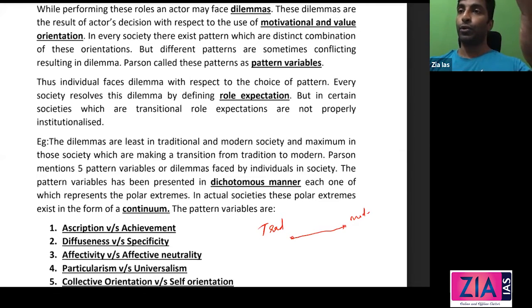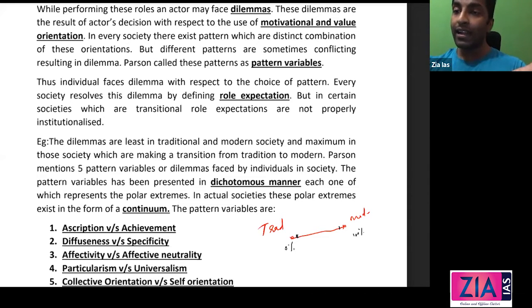Just before, I told you, it may be close to traditional, it may come here. Similarly, in polity also, if you have seen constitutionalism, even if you're talking rule of law, if you're talking about US society, it is close to 100% constitutional, and societies like Korea, Pakistan and all, close to 0%.